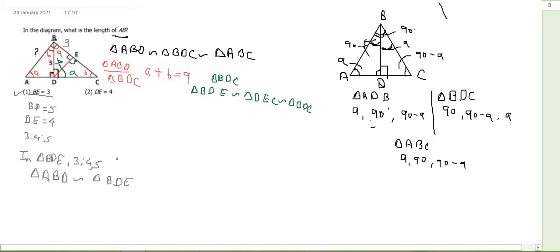We just proved that all these triangles are similar to each other, right? Now, when two triangles are similar, you first consider the length of the sides. So in triangle ABD, AB is the length of the side opposite the 90 degree angle, right?